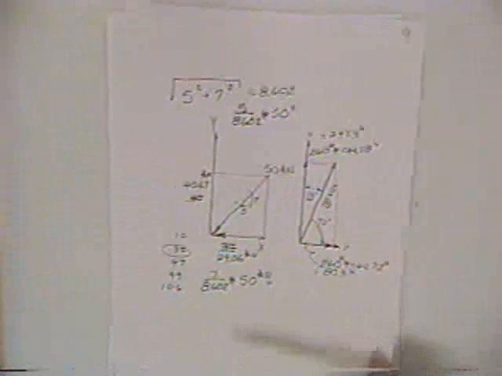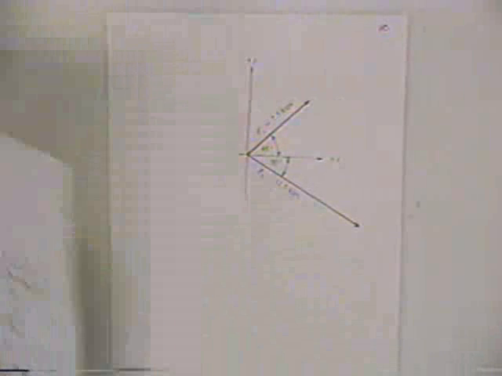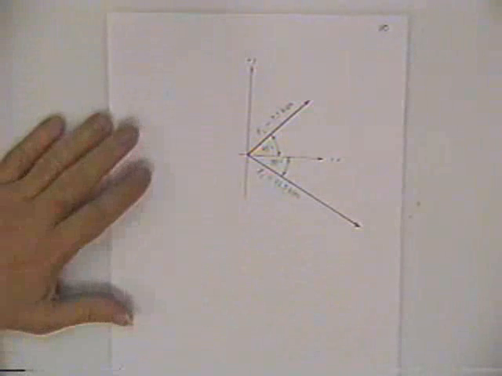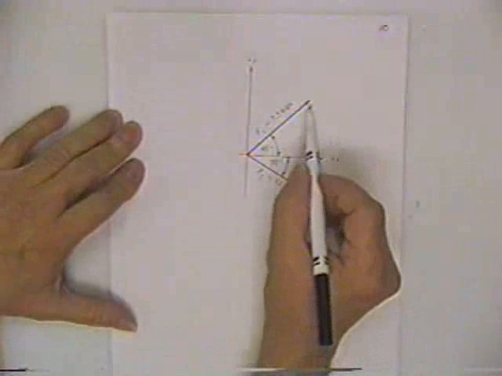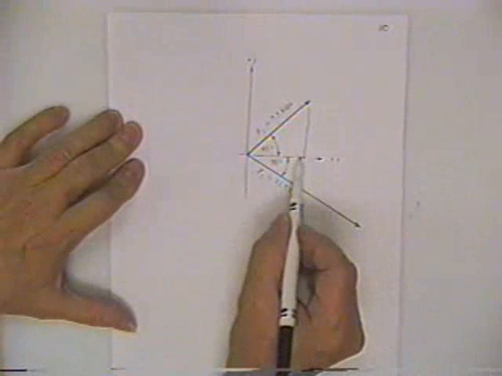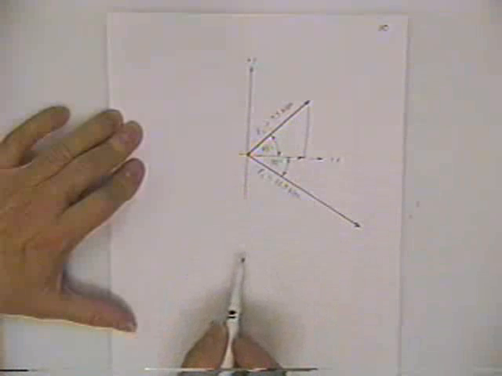Now, sometimes you will be given a pair of forces, and you will resolve them into one single force. We would do the same thing. We would get the horizontal projection of the 7.5 kip force.